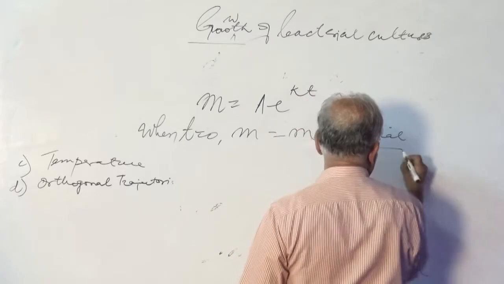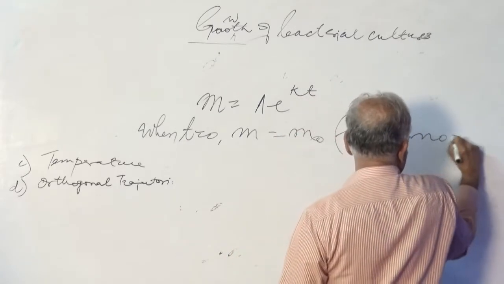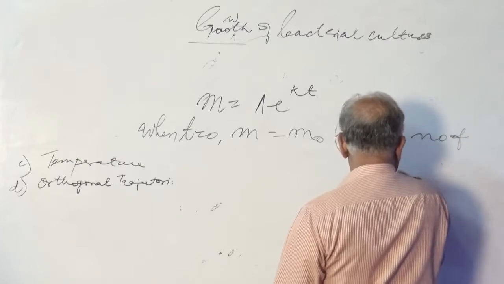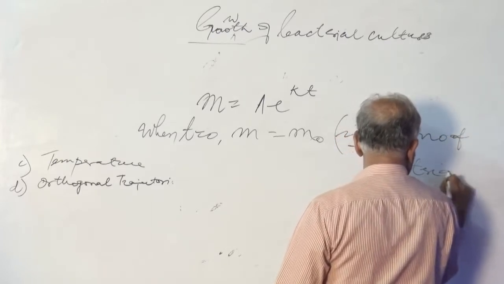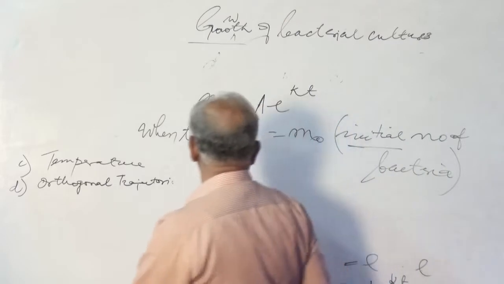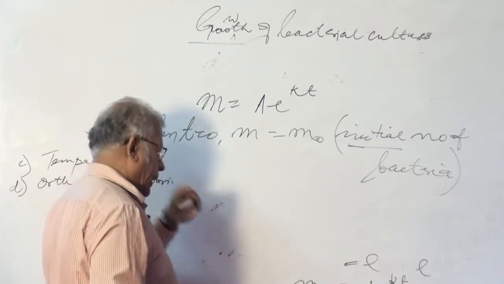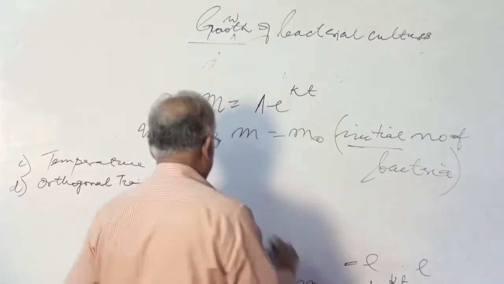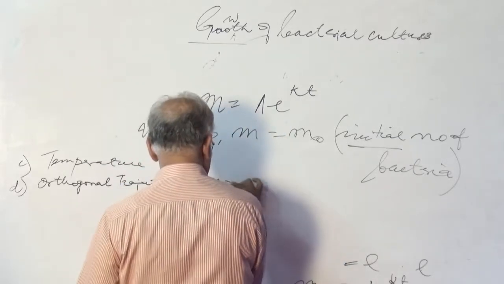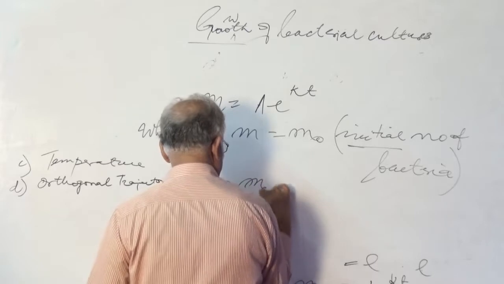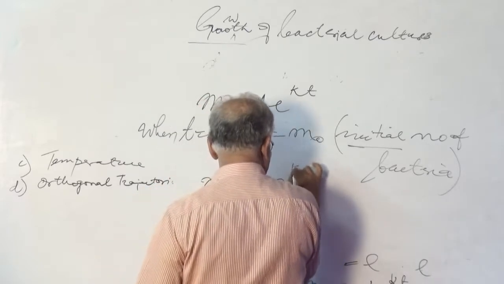This is the initial number of bacteria. So A has no other value than m naught. So one can write m is equal to m naught e to the power of kT.